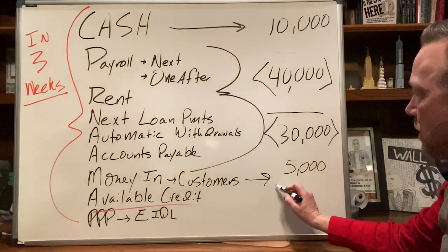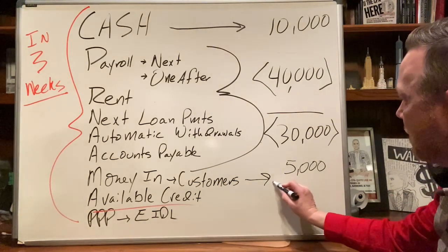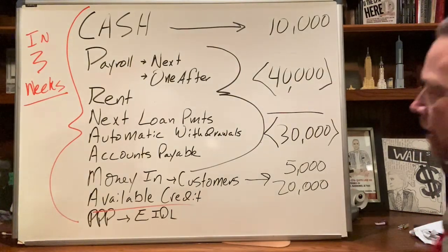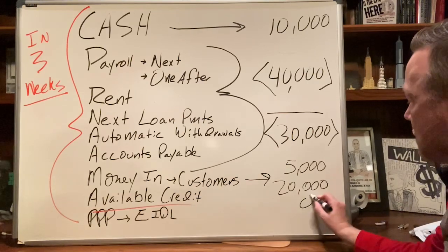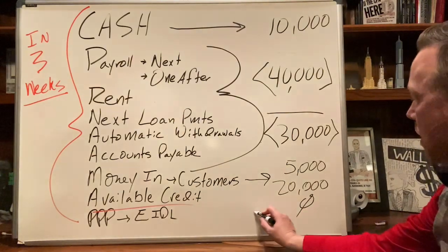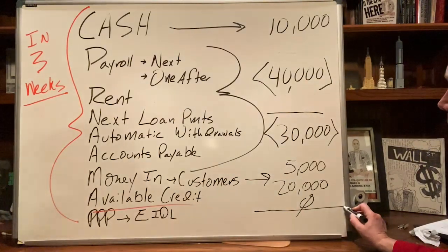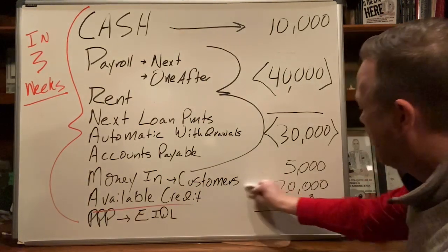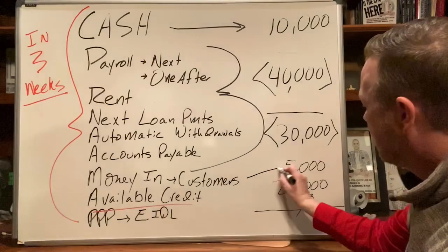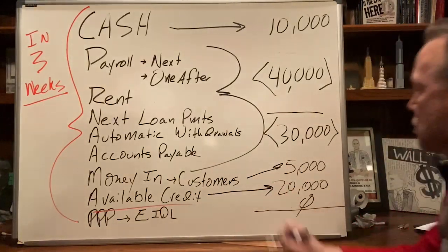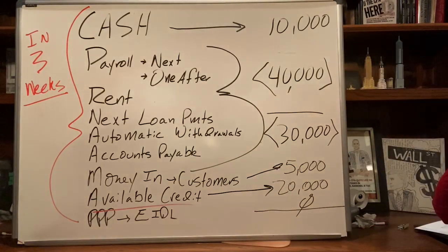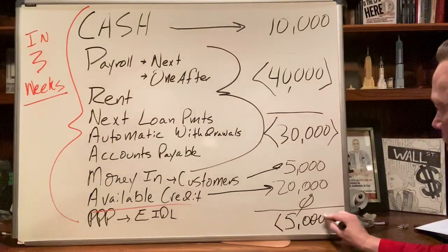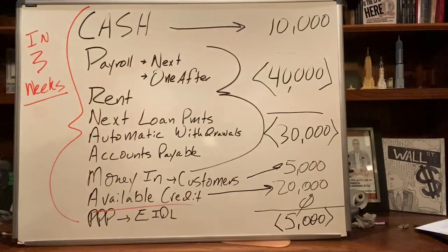Let's say that the available credit that you have is 20,000. Okay? Let's just say PPP and EIDL is nothing. You're going to look here. Customers 5 grand, available credit's 20. You're upside down 5,000 in 3 weeks.